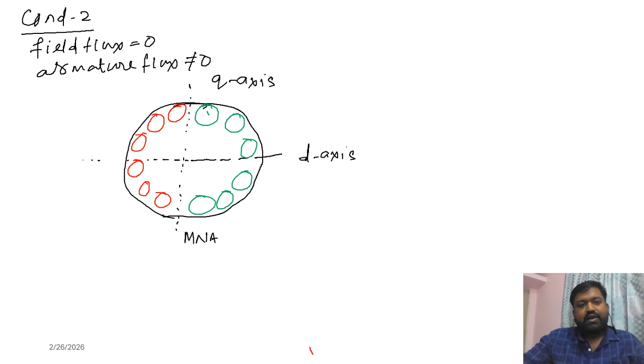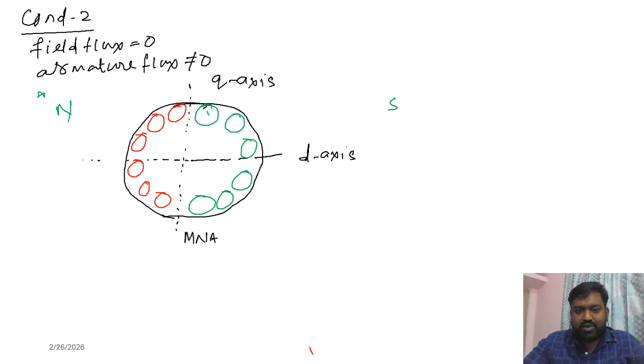Now you see that on the left hand side, as we know, the north pole is on the left and the south pole is on the right side. Suppose, but we are not considering this field, you just assume that the north pole is on the left side and the south pole is here. North pole means the current will enter from the left side and the current will go outside.